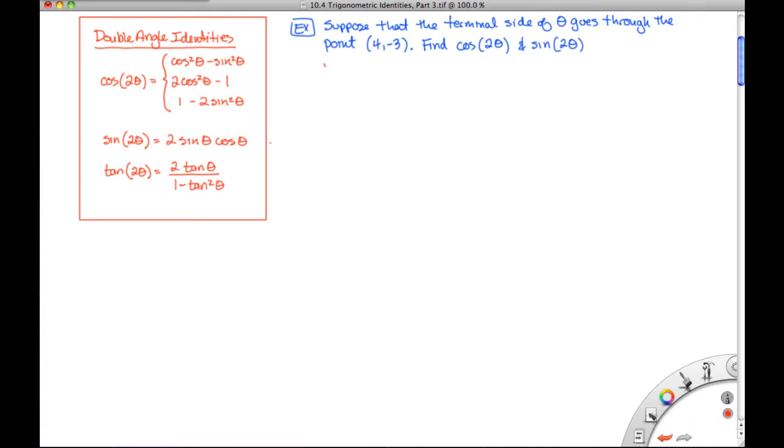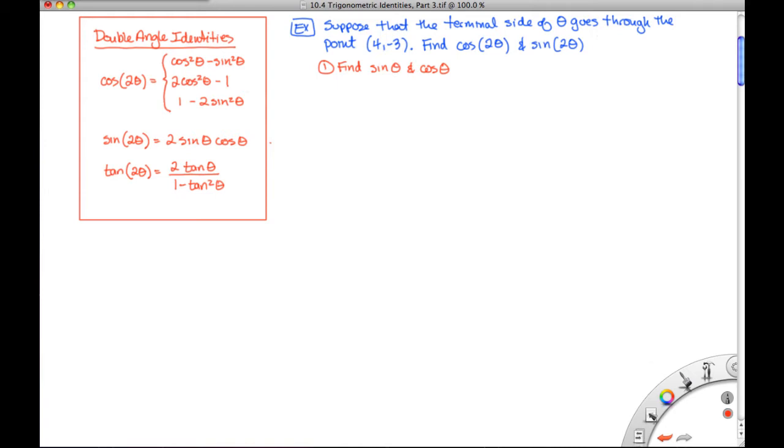First thing you want to probably do is go ahead and find the sine of theta and the cosine of theta. The reason we're going to want to do this is if you look at the identities, they all involve just theta. We get rid of the 2 theta.